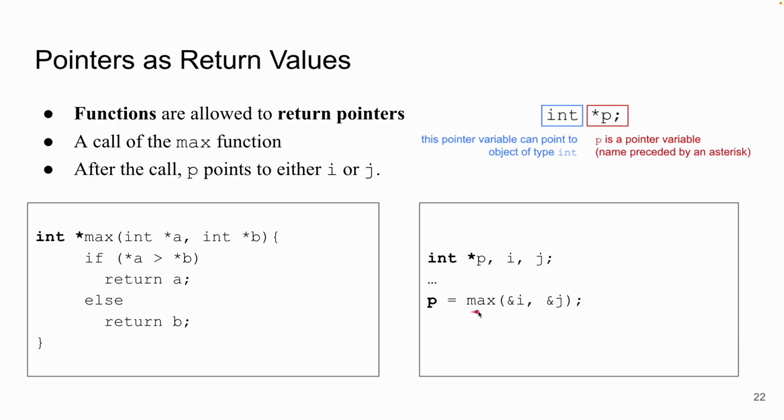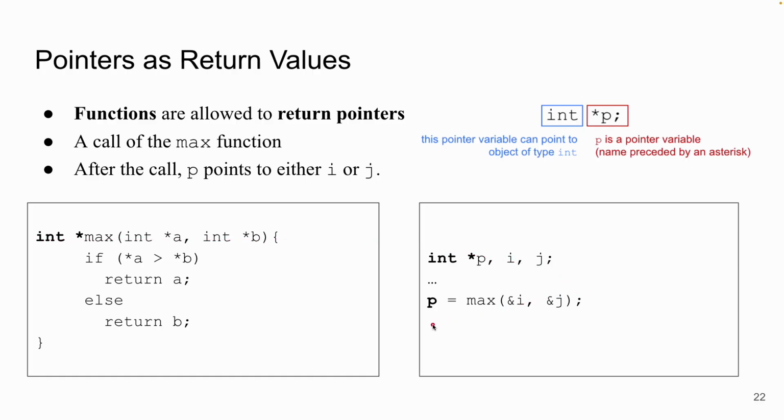So when I call the max function, what I need to put in the arguments are &i and &j, because the parameters are pointer variables a and b, and the value that can be stored inside a pointer variable is the address of a variable. That is why we need to use the address operator to get the address of i and j. And we need to know that the return type of the max function is an integer pointer, right?